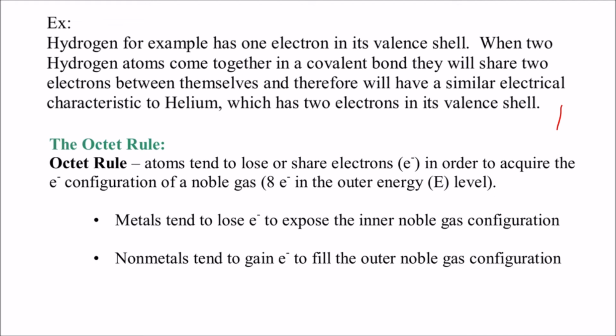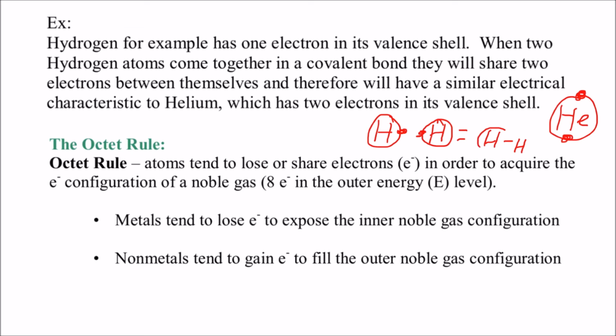So helium, as we just saw up above, looks like this, where it's got its 2 electrons. So when 2 hydrogen atoms come together and they bond with each other, what really happens is they share those 2 electrons, and so now each of these hydrogens gets to feel like it has 2 electrons zipping around it.